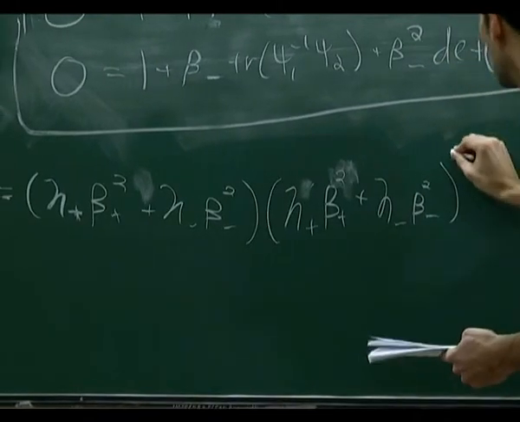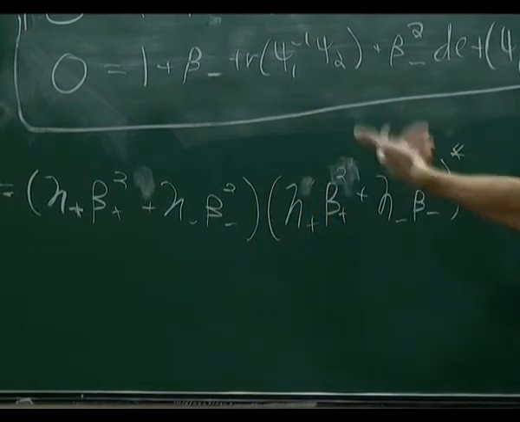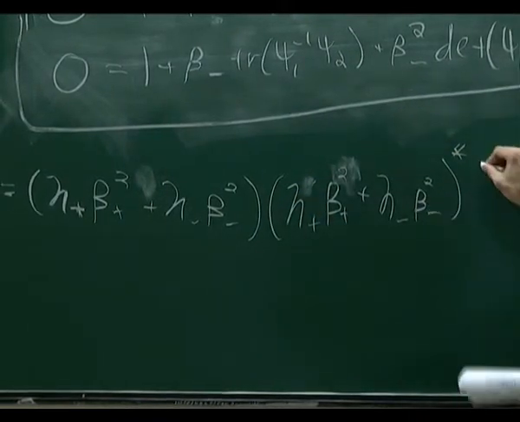So you do this for both, then take the complex conjugate, multiply them together, and you also get the determinant.